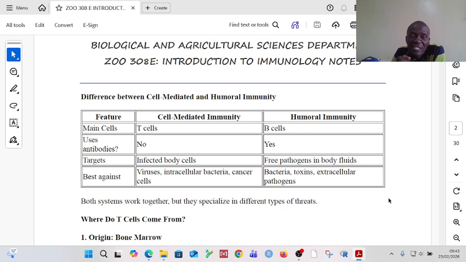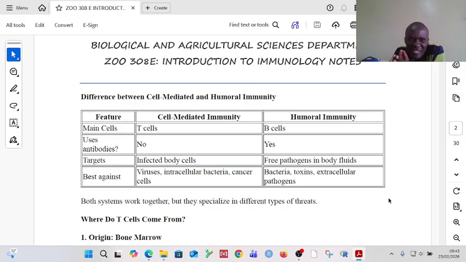T cells lead cell-mediated immunity, while the B cells lead humoral immunity. B cells are the ones that lead to the production of antibodies. Okay? So cell-mediated immunity does not use antibodies, but humoral immunity uses antibodies which are produced by the B cells.